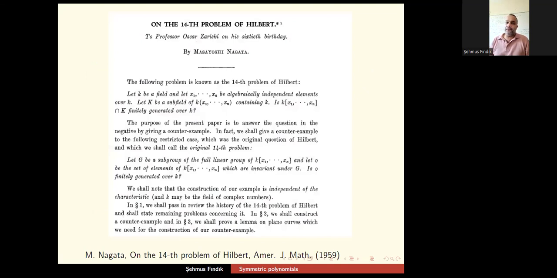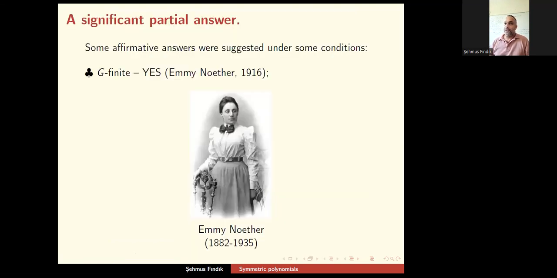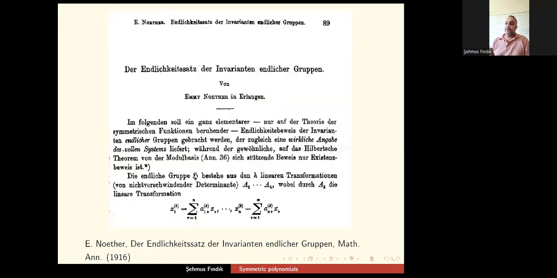Nagata gave a counterexample showing that this algebra of invariants cannot be finitely generated for all subgroups of the general linear group. But there are some partial significant answers, one of which was given by Emmy Noether in 1915 or 16, depending on the sources you read: for all finite subgroups of the general linear group, this algebra is finitely generated.